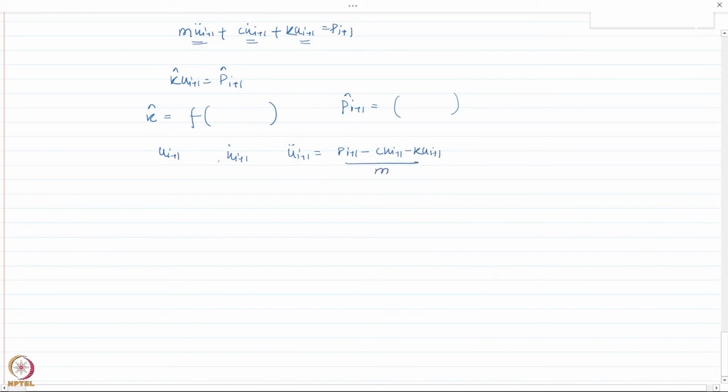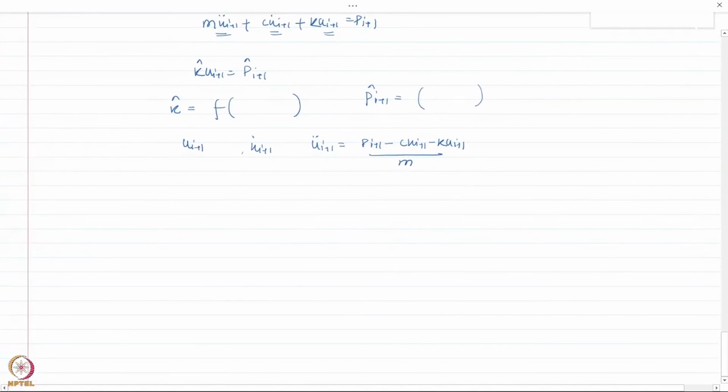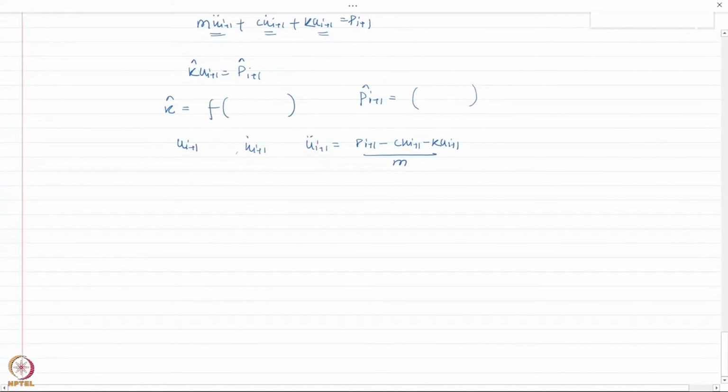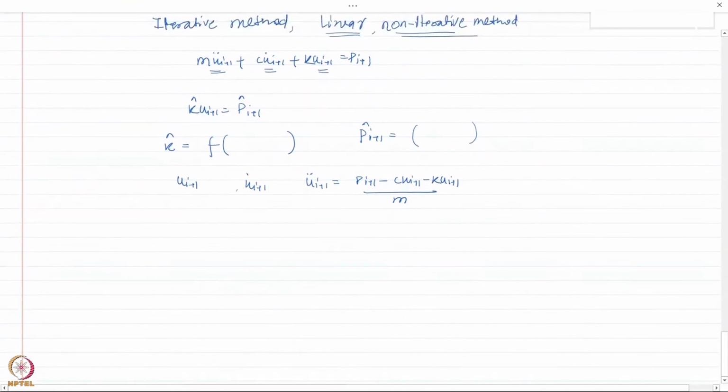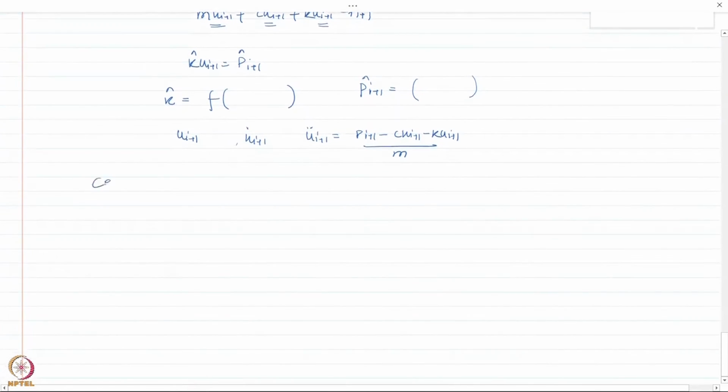And then we keep iterating, going from step i to i plus 1, where i varies from 0 to n, or the steps that we are interested in. Now if you look here, there is an important difference between the central difference method and the Newmark method.